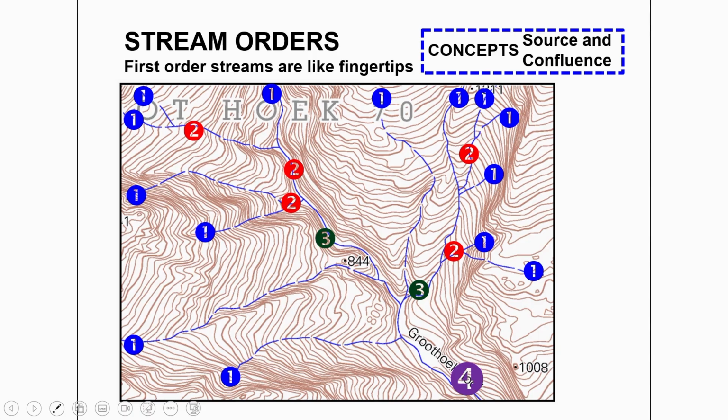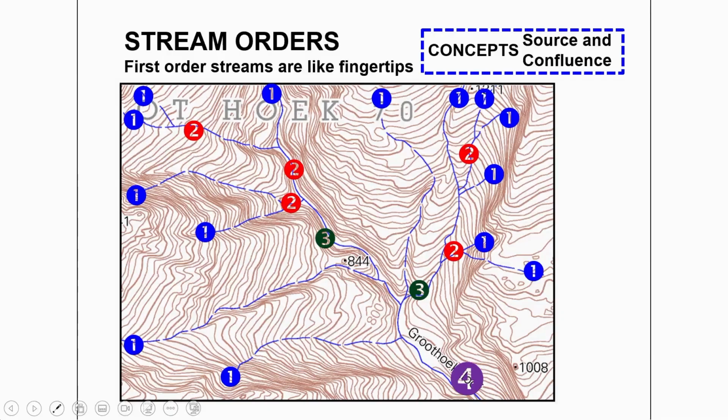However, where two streams of the same order come together, we get the next order. There's your second order stream, meeting your second order stream and producing your third order stream. Now, if you have the third order stream coming together with another 3, two streams of the same order, they produce the fourth order, which is a higher order.